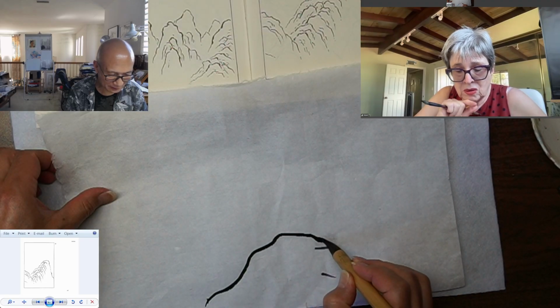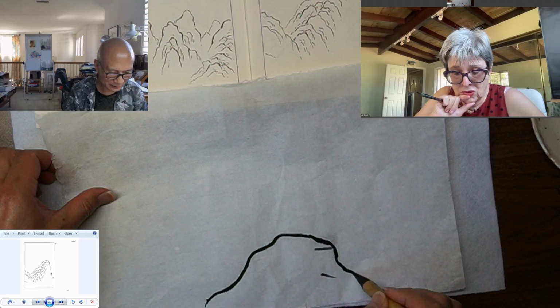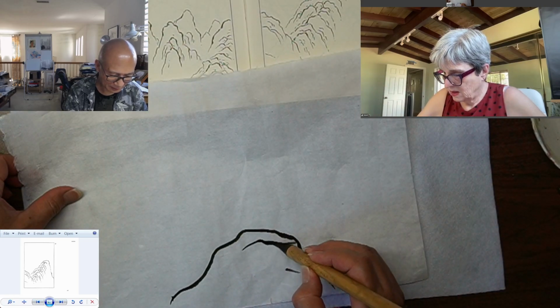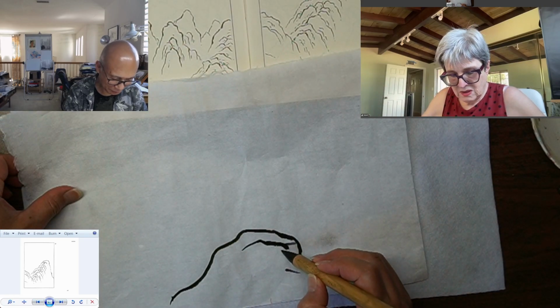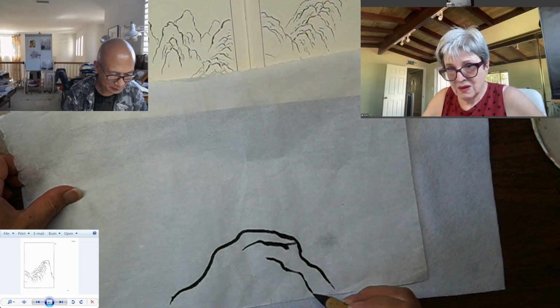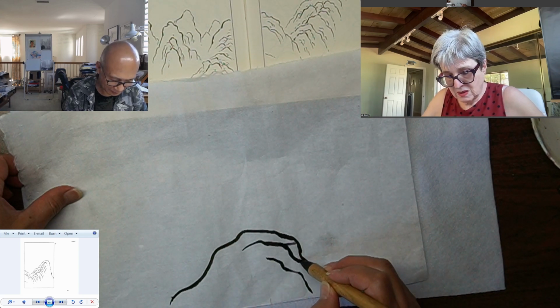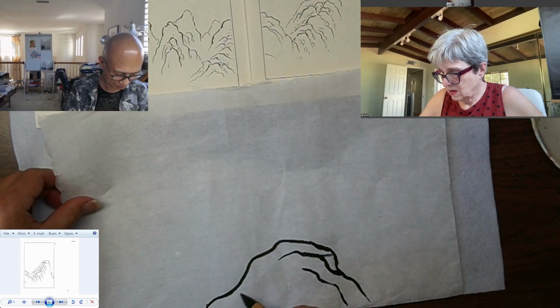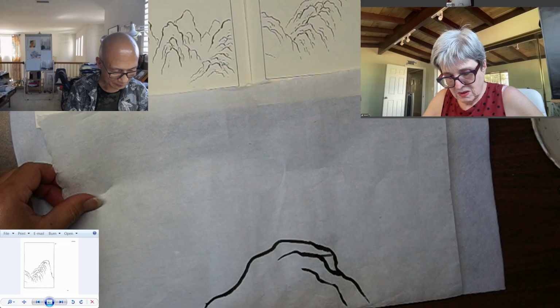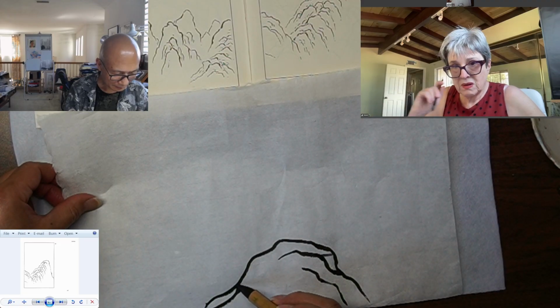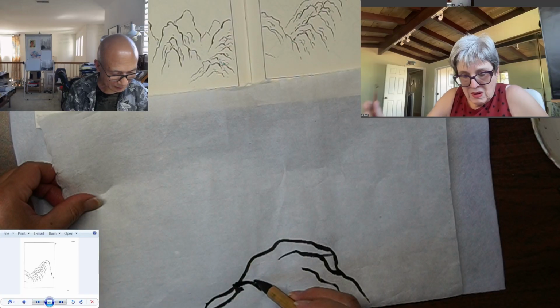Let me just make a guess. So here is one mountain, and we try to match the description later. What's in the article? So this is one giant mountain. I think there's some rock like that.